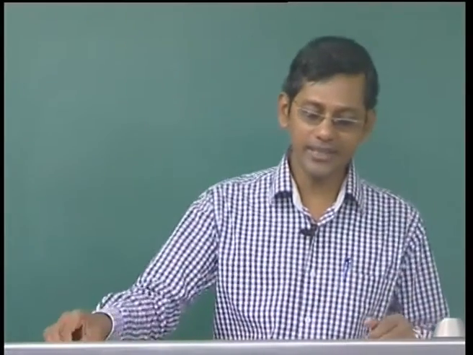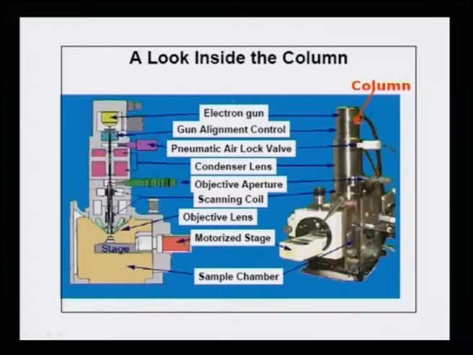What you see here is the electron gun source, which can be either tungsten or LaB6 or FEG, the field emission gun, which is normally used nowadays, and then the beam is aligned and focused using a lens assembly.